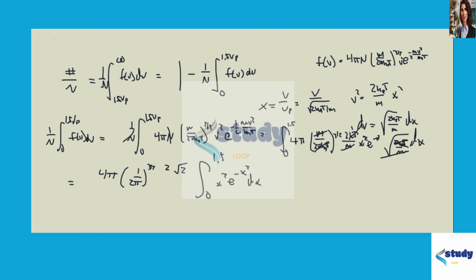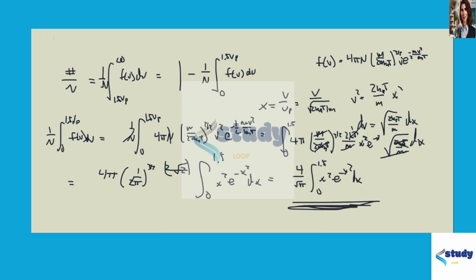We can simplify even more because this becomes 2 to the 3 halves. These 2's cancel, and we're left with 4 over root pi times the integral from 0 to 1.5 of x squared e to the minus x squared dx.